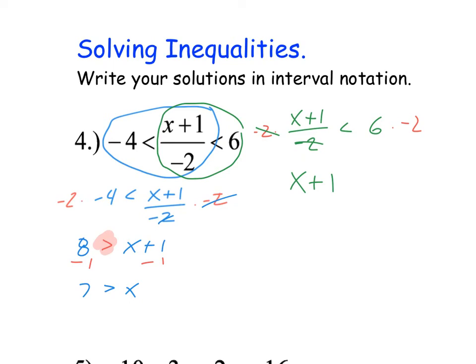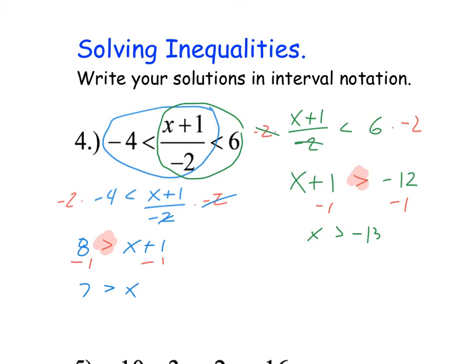Now that's going to be a greater than, and then 6 times -2 is -12. So again, I'll highlight that switch of the symbol. It's very easy to forget, so you really got to watch yourself. So subtract 1, subtract 1. Here we get x is greater than negative 13.